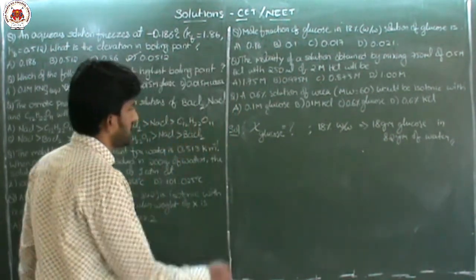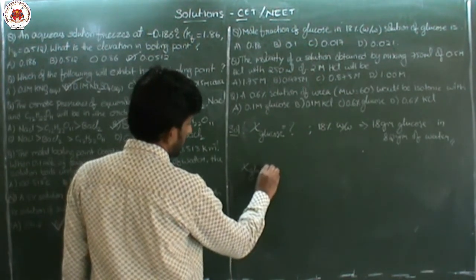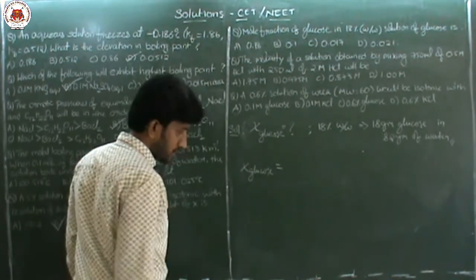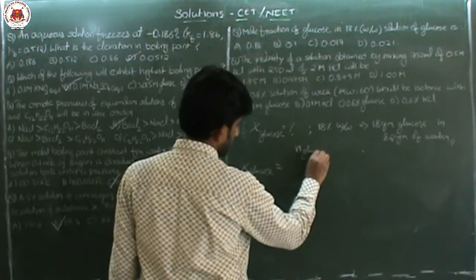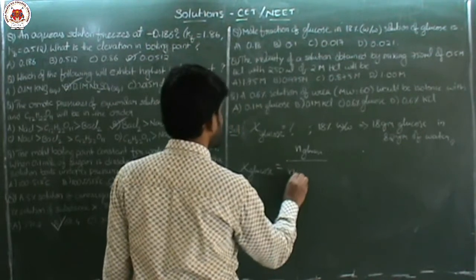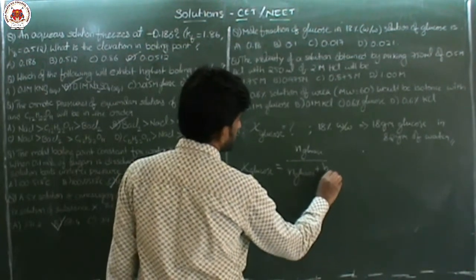Now let us calculate the mole fraction of glucose. The formula is the number of moles of glucose divided by the number of moles of glucose plus the number of moles of water.